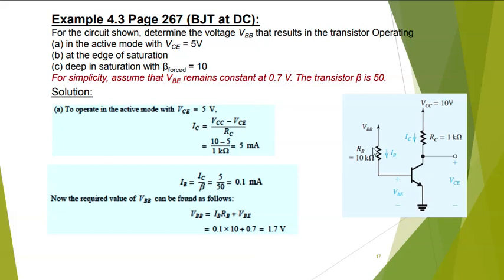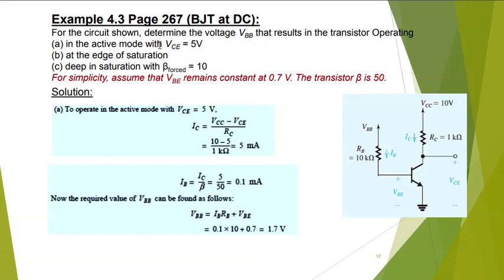You have one loop here, so say VBB minus... Here the value of VBB must be equal to the value of VCC probably. Or no, actually here it's asking us to find the value of VBB, so everything else is given.